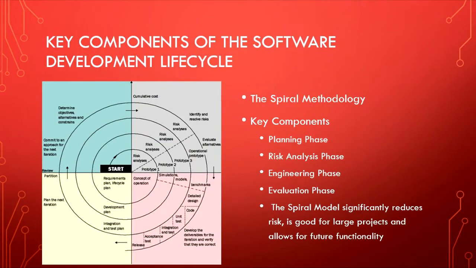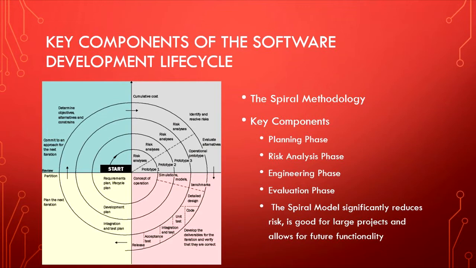Next, we want to move into understanding the key components of the software development cycle. Currently, we are using the spiral methodology in regards to the software development lifecycle. Specifically, there are many different key components to this methodology, which include many benefits as well as risks.